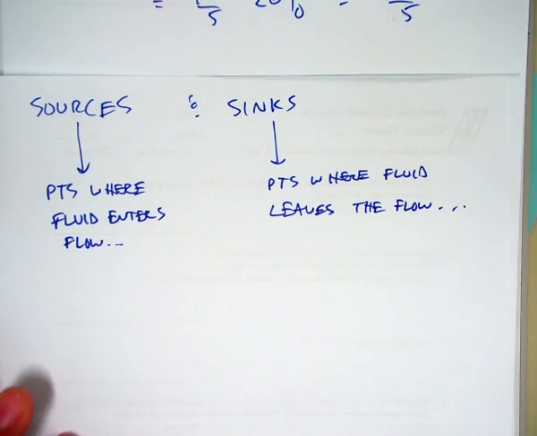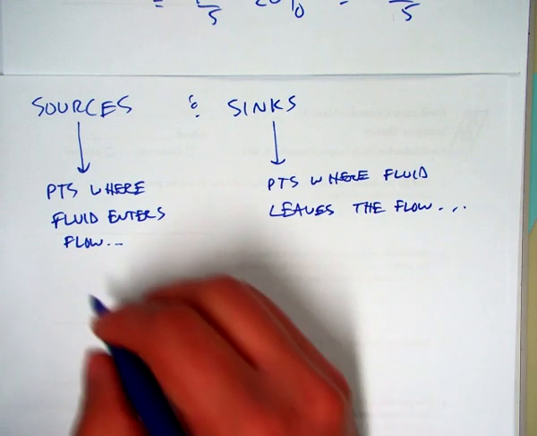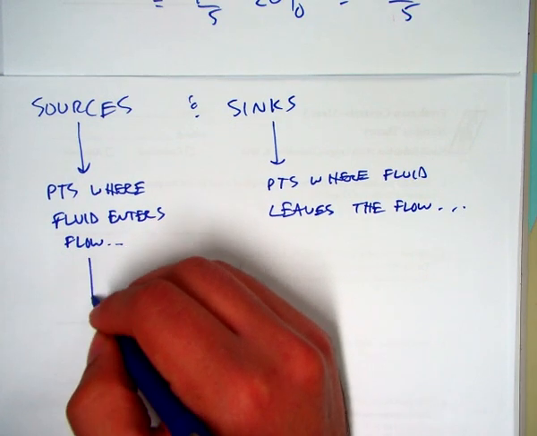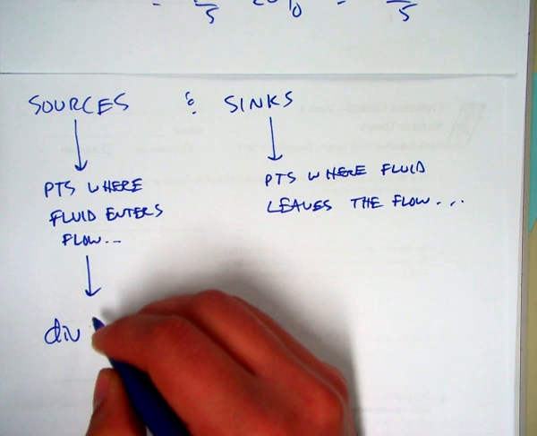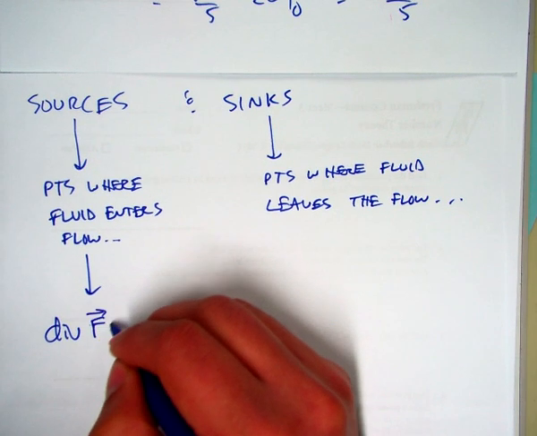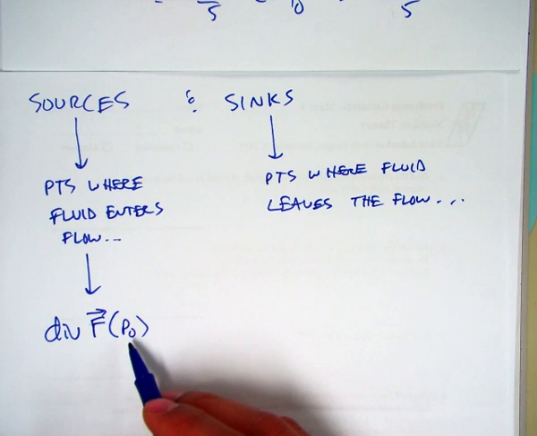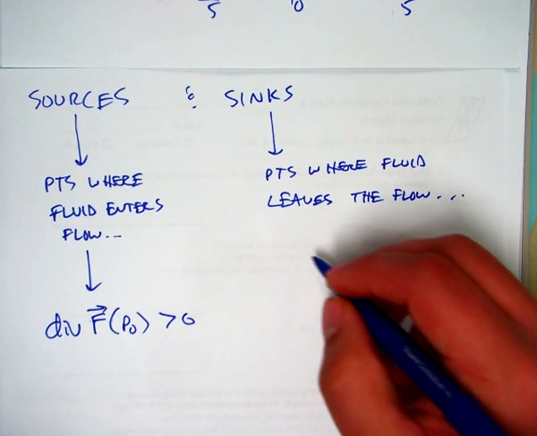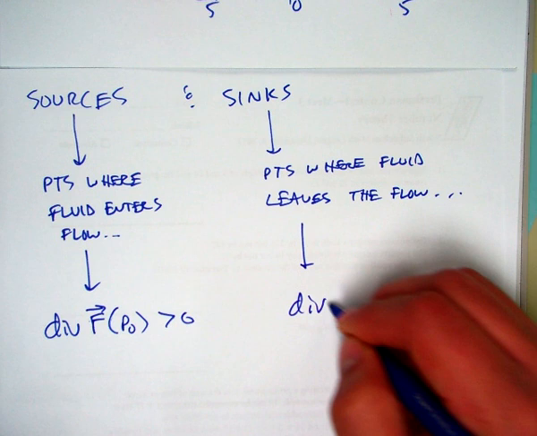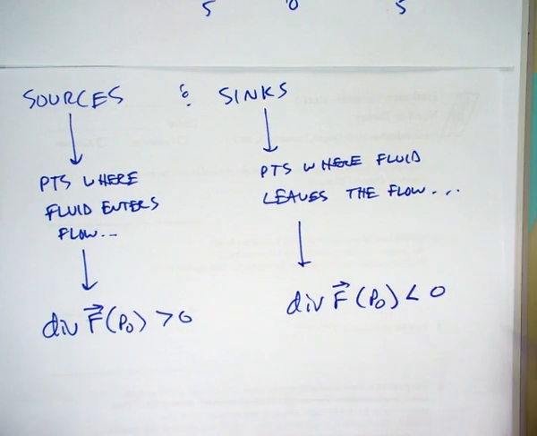And it's tied to divergence. If we evaluate the divergence of the vector field at a point and it's positive, we know it's going to be a source. If it's negative, that means flow is leaving, so it's a sink.